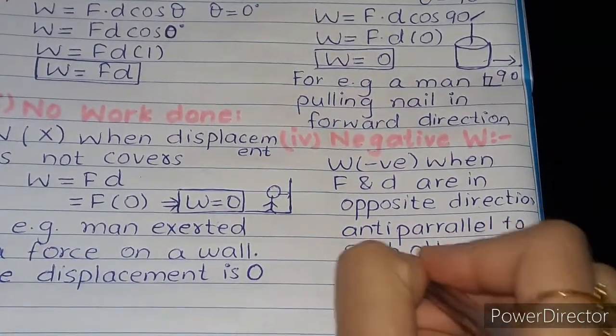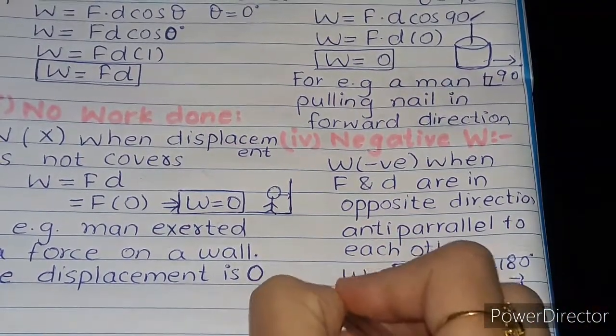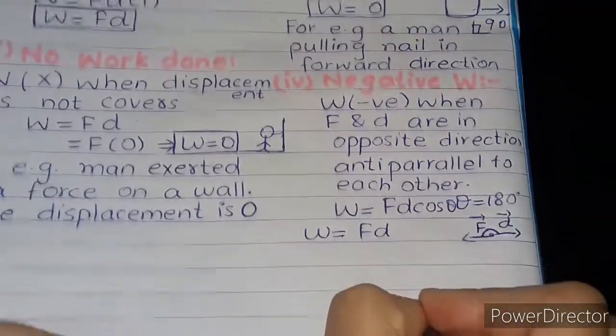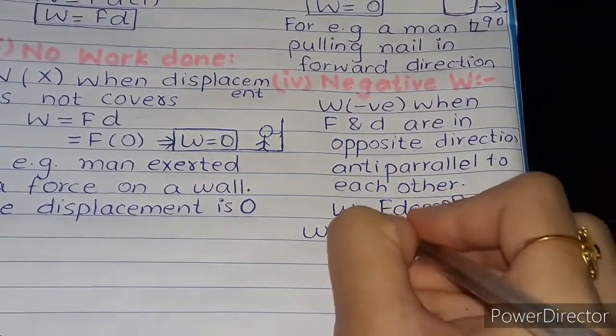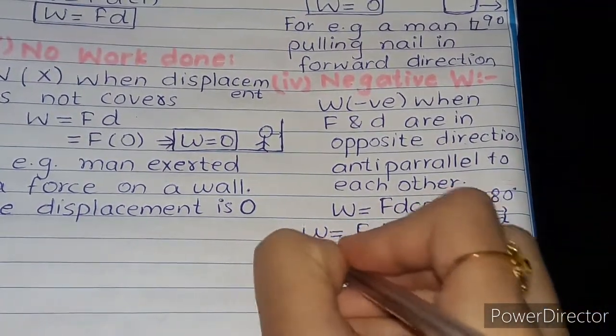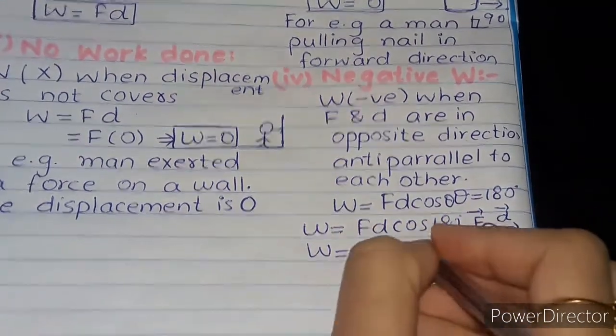So force into displacement cos theta, so force into displacement cos 180 degrees. So W is equal to force into displacement, and cos 180 degrees is -1.